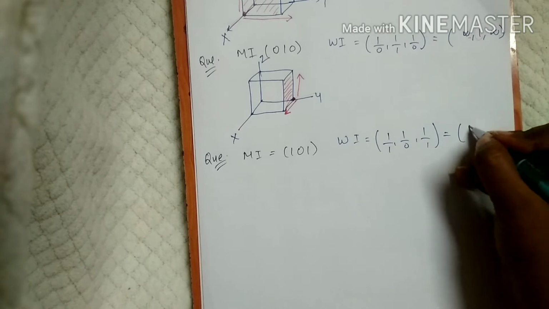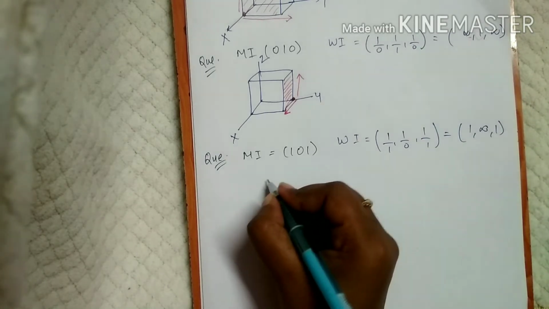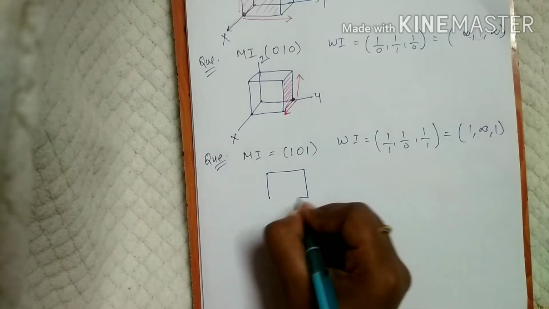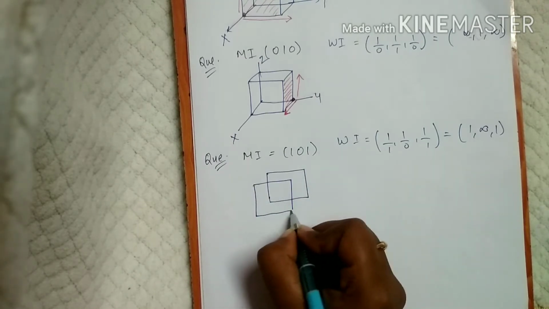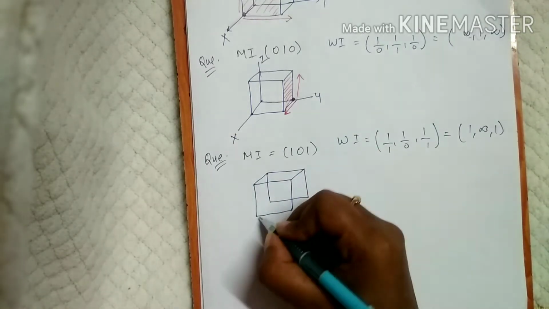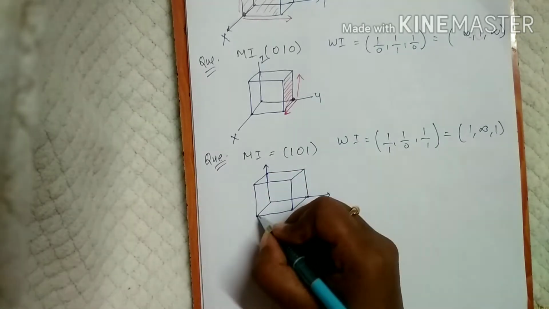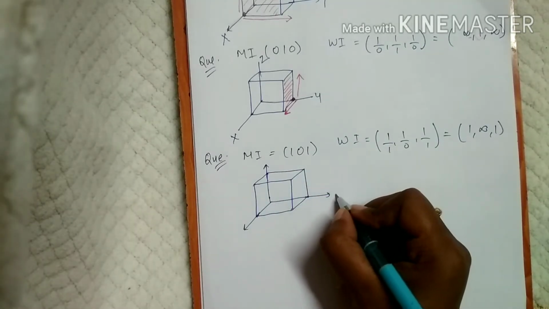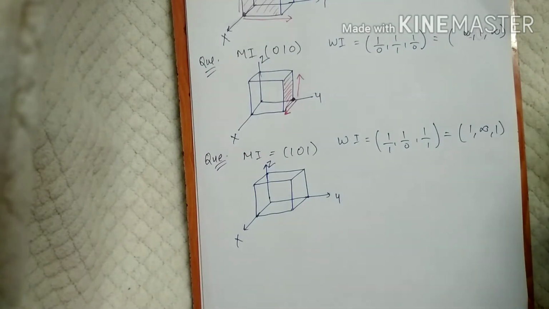That comes out to be 1, infinity and 1. Now locate the finite values.